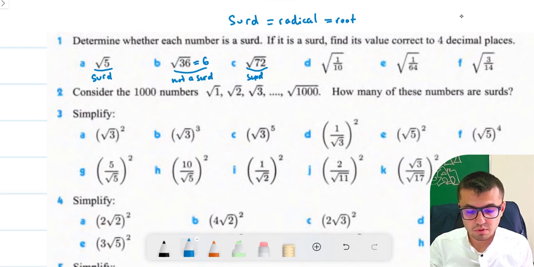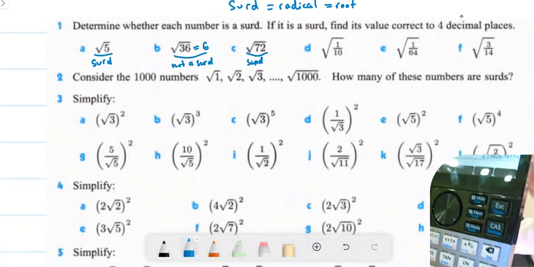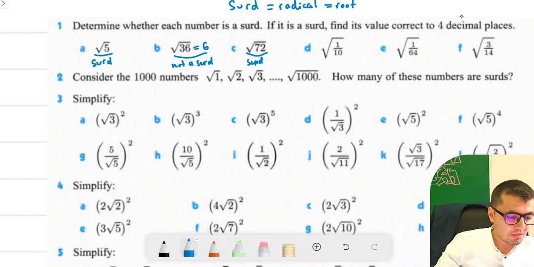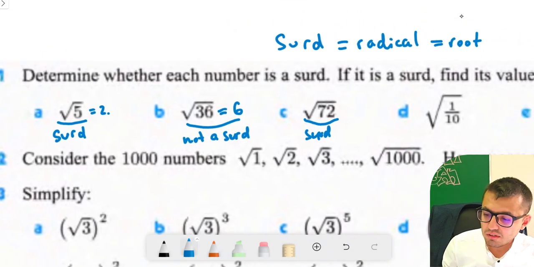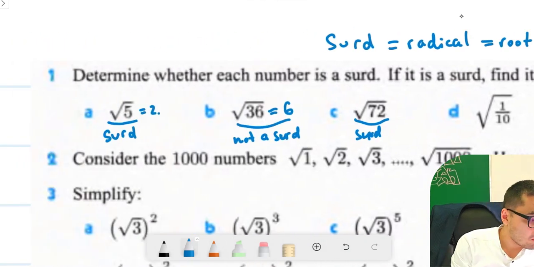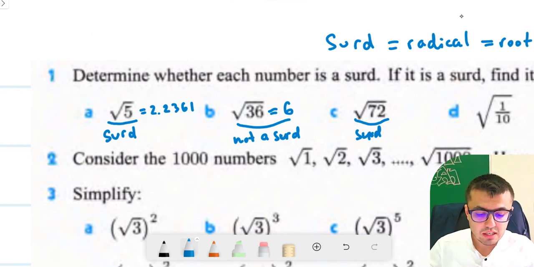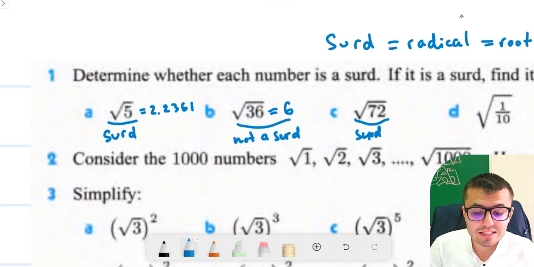It's something like 2.23, so I'm going to write down 2.2361, correct to four decimal places. So this is the value. This is not a surd, so we can just leave this as it is.